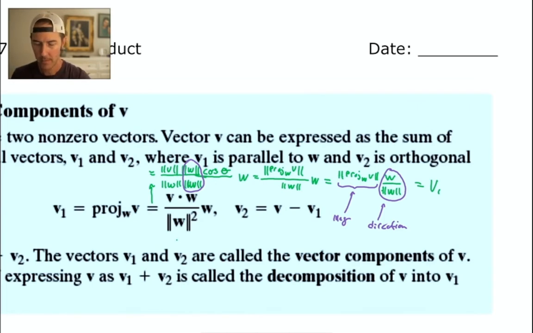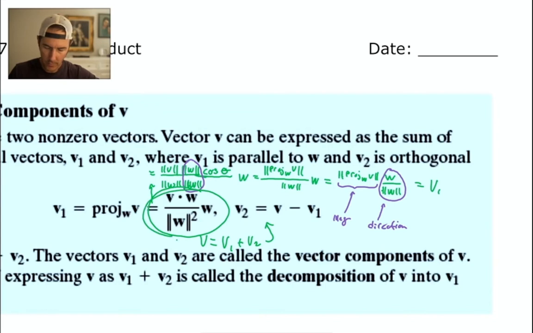Now remember that vector v is equal to v1 plus v2. And if we subtract v1 from both sides of that equation, then we get this equation, v2 equals v minus v1. So being given vector v and vector w, we could use v and w to do all of this work right here.